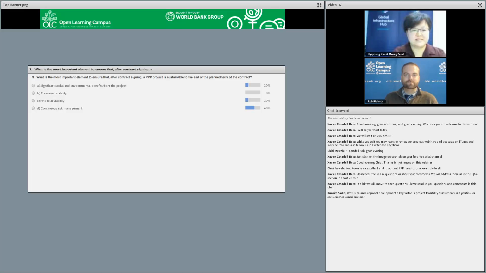The social consensus is drawn by investors, the public sector and the private sector. Also, we need to keep an eye on the civil society and the users of the infrastructure.